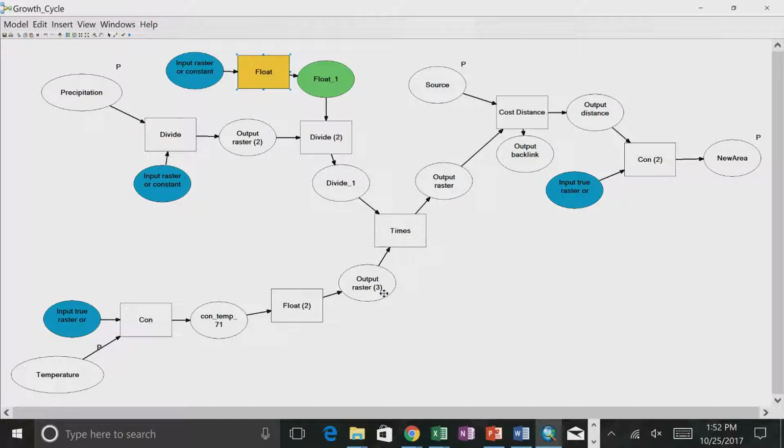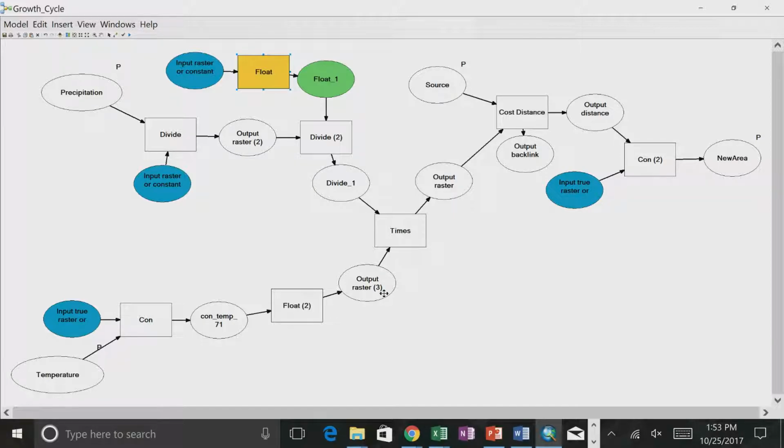I could put it here, I could put it here, because all this leg is doing is, it's not adding to the growth rate, it's not changing the growth rate. It's just basically a barrier or not a barrier. If the temperature was affecting the growth rate too, I would have to have this happen right here. It would have to do that to this, because I'd be combining these two growth rates somehow, and I would do the inverse at the end. Okay?